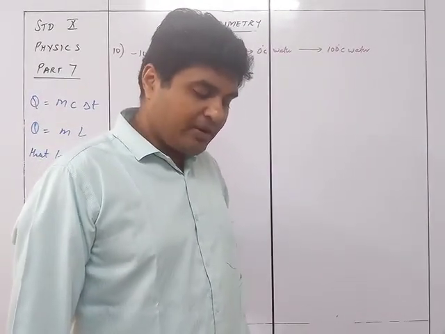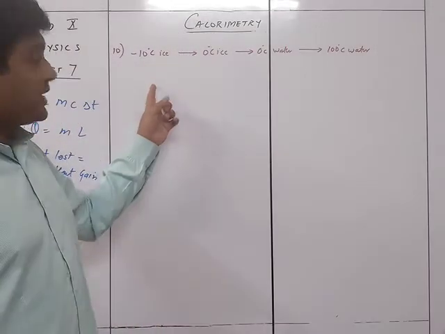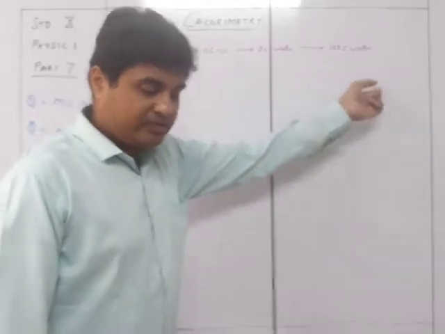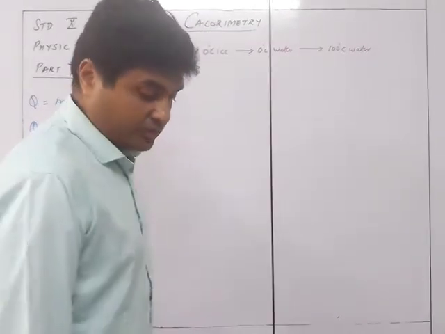What is going to happen is minus 10 degrees Celsius ice is going to get converted into 0 degree ice. Then 0 degree ice will get converted into 0 degree water, and then this will turn to 100 degree Celsius water.